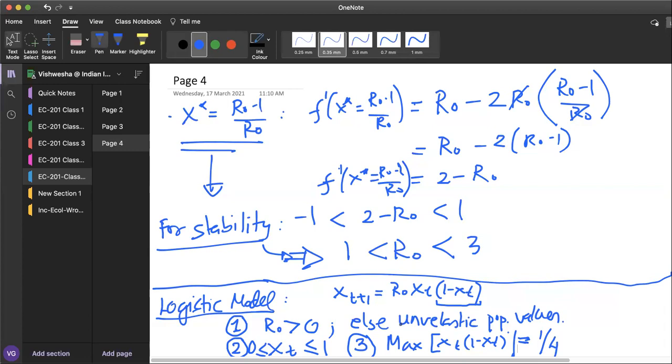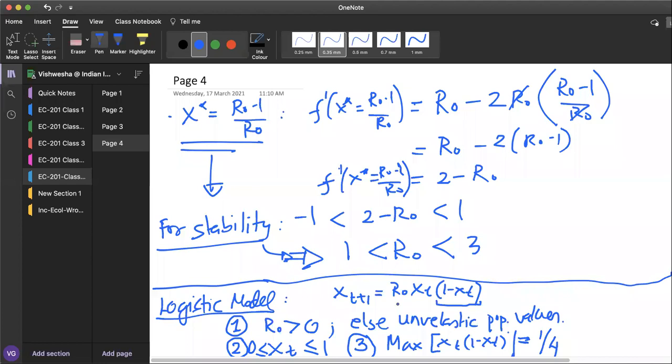This is something I would leave as a small exercise. In fact, if you go to the refresher assignment, I think some question that relates to this might have been there. So the maximum value of this is 1 by 4, and we know that xt itself has to be between 0 and 1. Now let us consider xt equal to half, for some reason. Let's say this has reached a maximum value. That gives a bound on the value of r0.